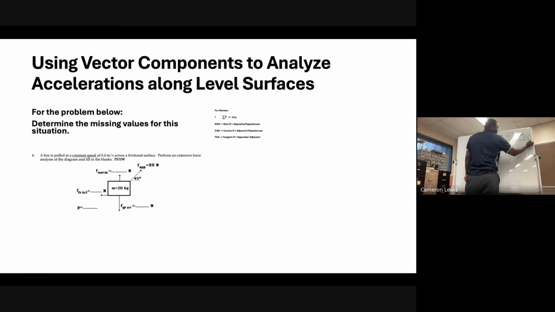Now we know that F gravity is equal to 196 newtons, plus F norm, and then right here, F applied Y. Well, real quick, let's look at this. What is this?